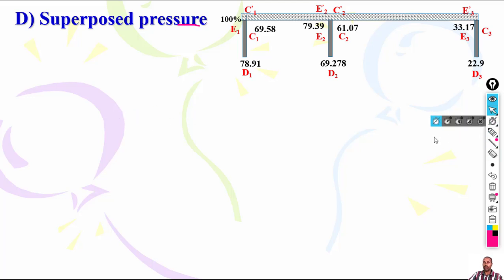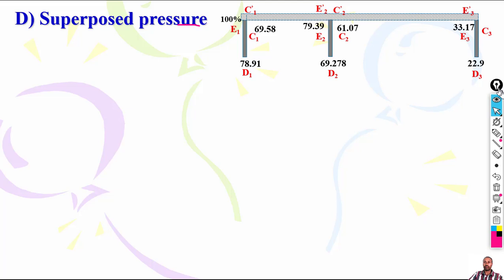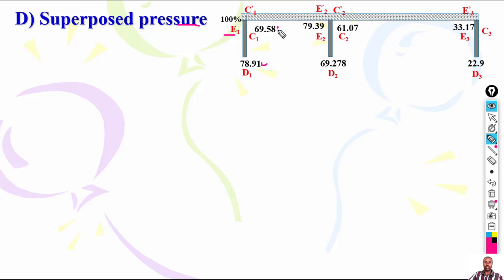You have A1 100% initially, then D1 already computed, and C1 you have here, and E2, which is the percentage of pressure at the front of this sheet pile at a depth D, already computed, and the back face, which is this one, then you have here A3, D3, C3.